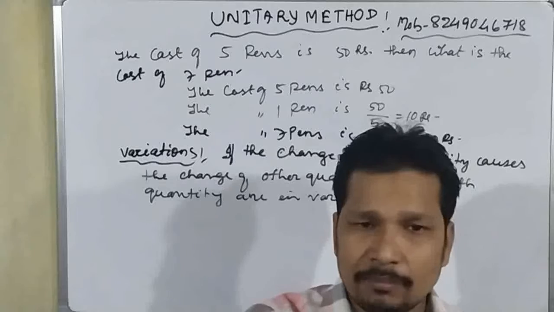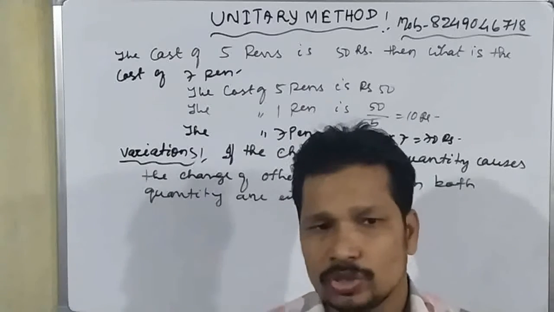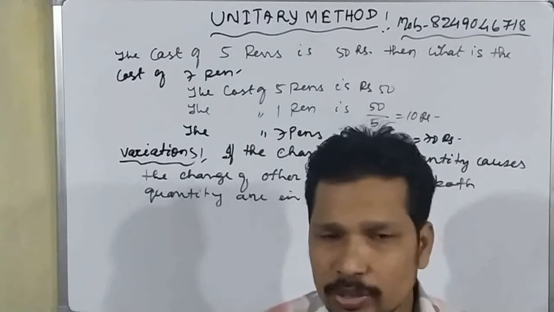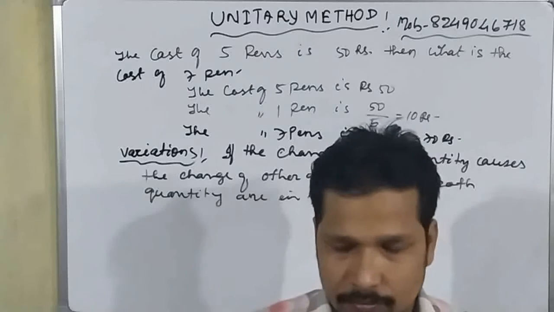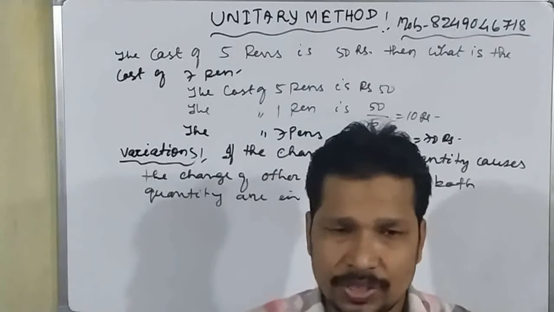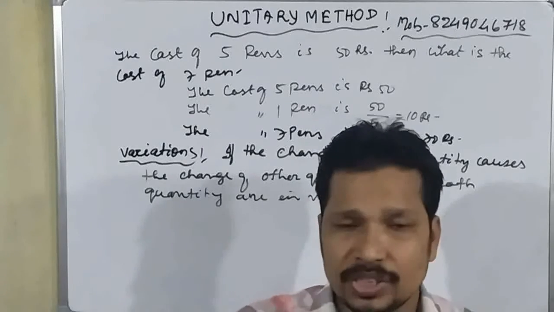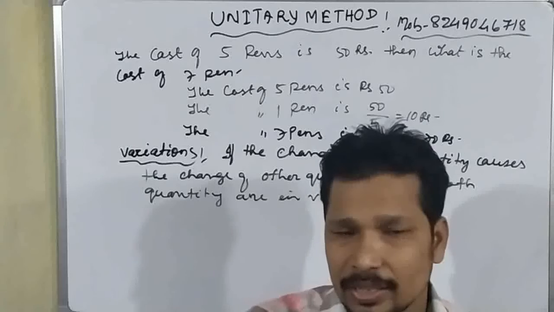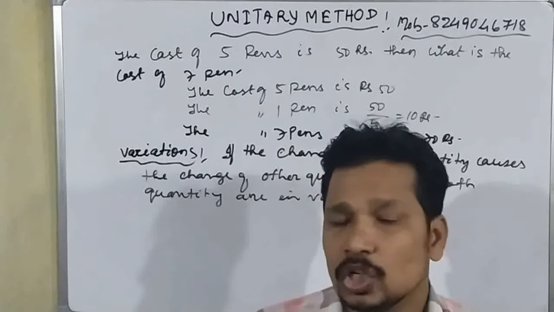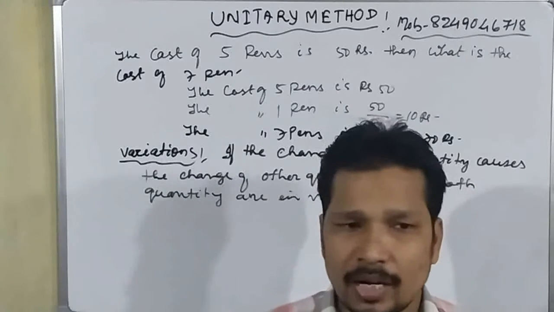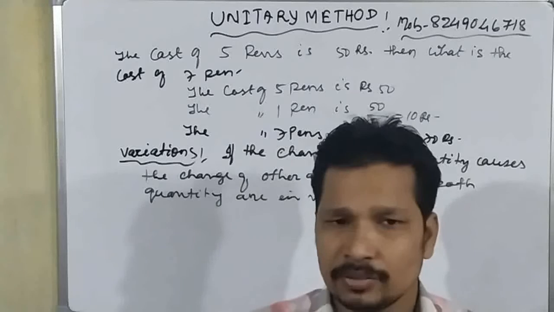So here the number of pens and the cost are in variations. According to the definition, if we change the value of one quantity and the other quantity also changes, then we can say that the two quantities are in variations.